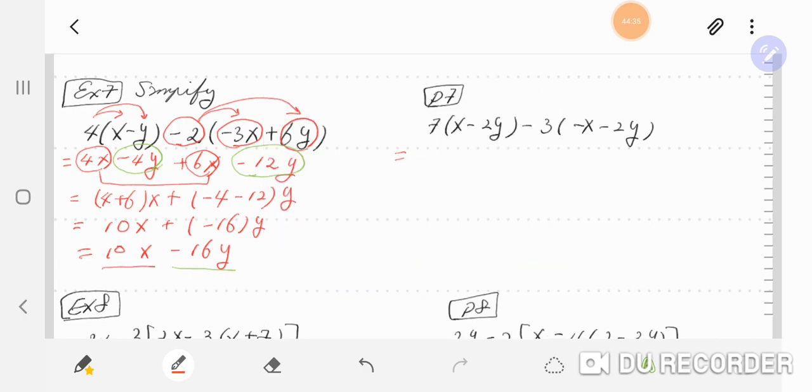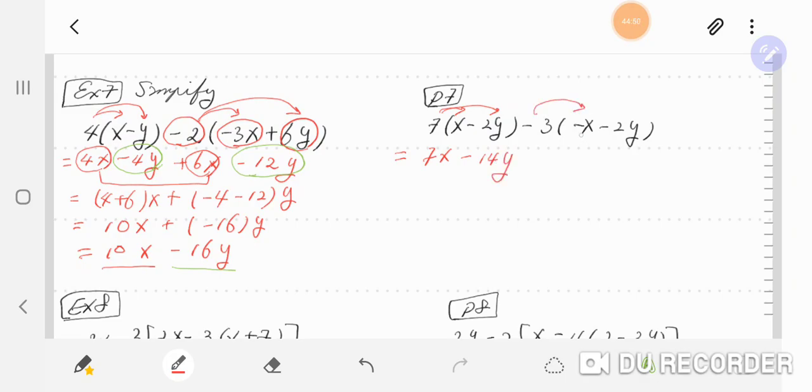Okay, let's do the same thing. Distribute 7x. Distribute minus. Okay, 7 times negative 2 is negative 14y.